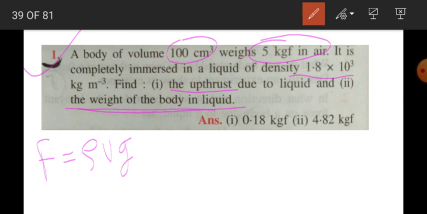Rho Vg. See, density of the liquid is given, 1.8 × 10⁻³, volume is also given. All you need to do is put the value in the formula, but here volume is given in centimeter cube, so we need to convert it into meter cube, isn't it?